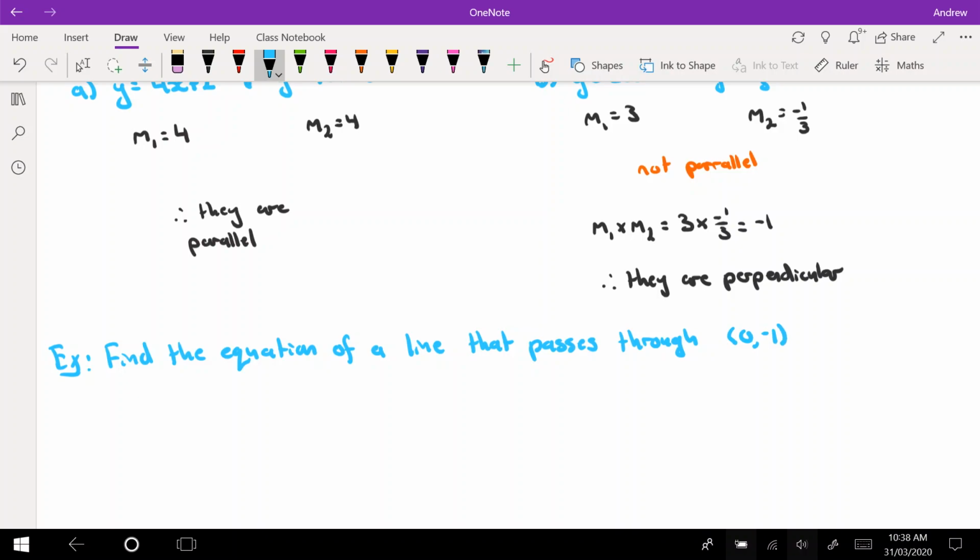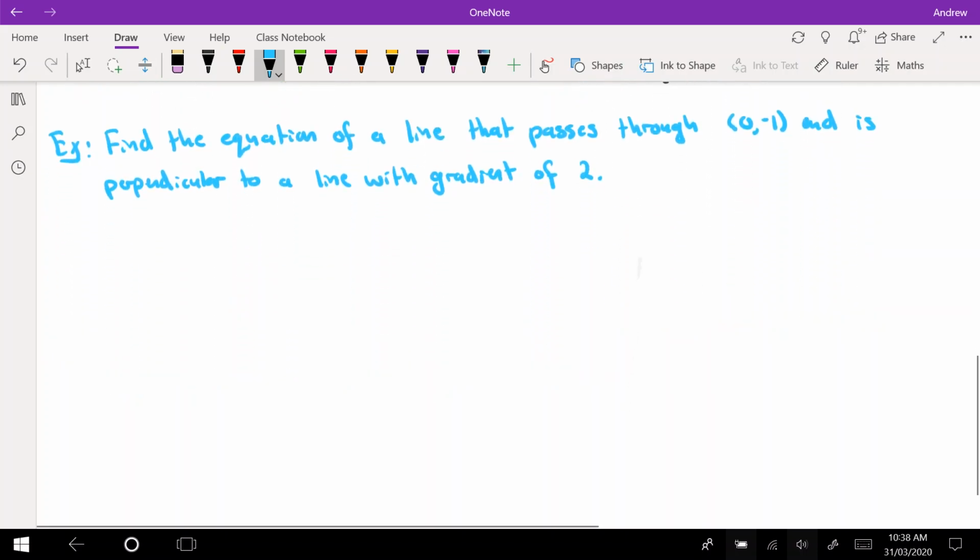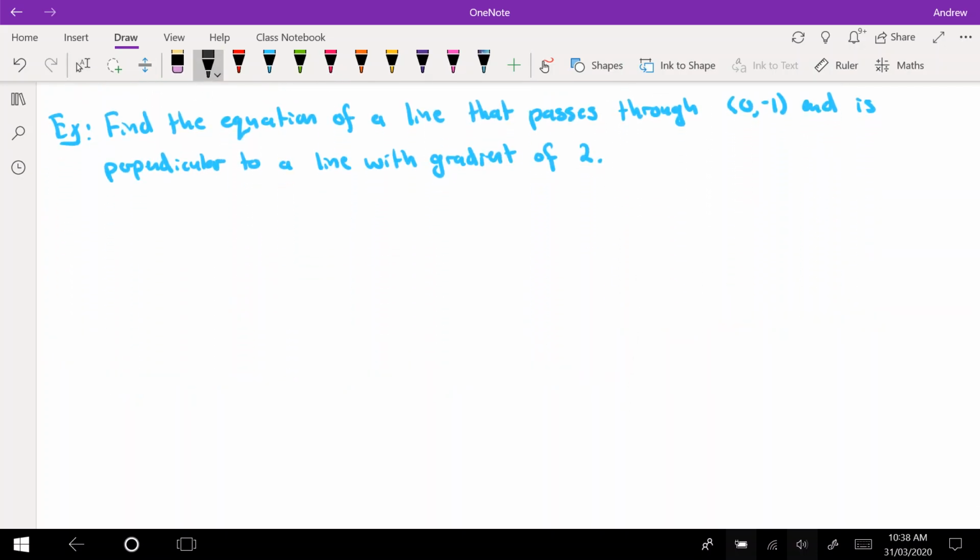So it intersects at this point, it has that point on the line, and is perpendicular to a line with gradient of 2. So we want to find the equation of a line that passes through the point 0, -1, and is perpendicular to a line with a gradient of 2. Okay?